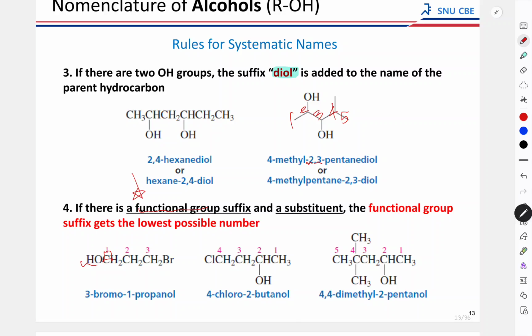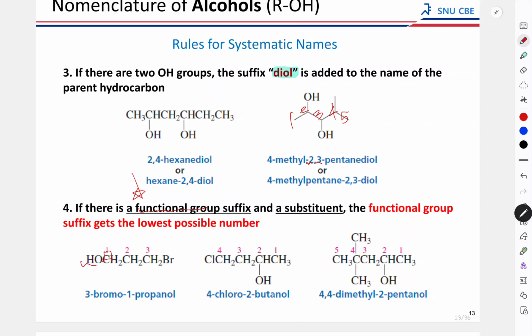What about this one? You have chloro, the substituent, versus alcohol, the functionality, the suffix. You first identify the longest possible chain that contains this OH moiety. And then you should decide whether this carbon is 1 or that carbon is 1, to make the carbon attached to the alcohol, the OH moiety, have the lowest possible number, which is 2 in this case.